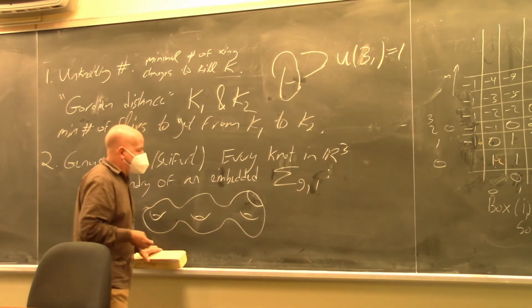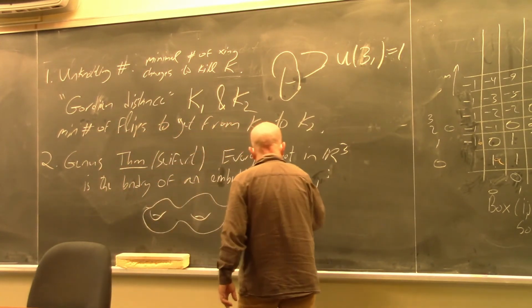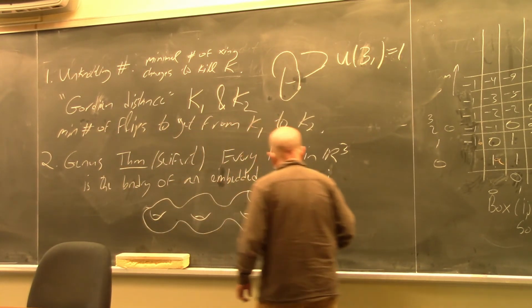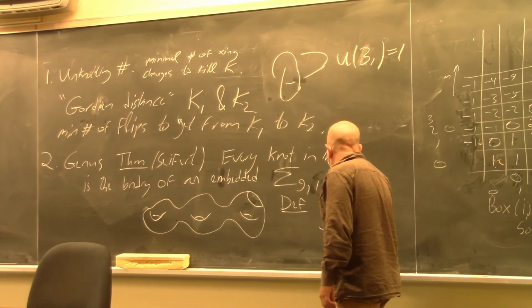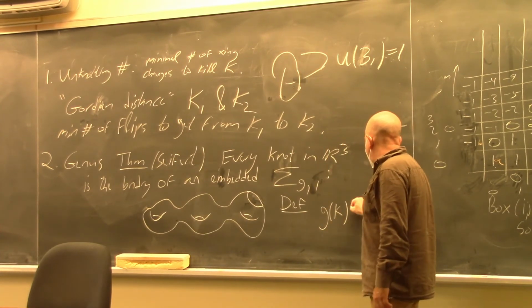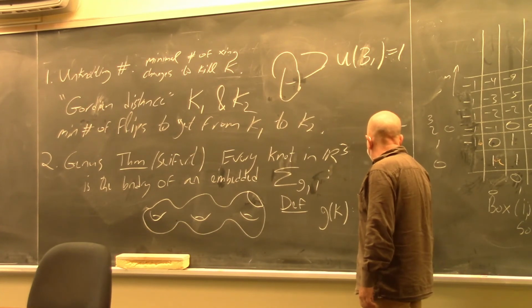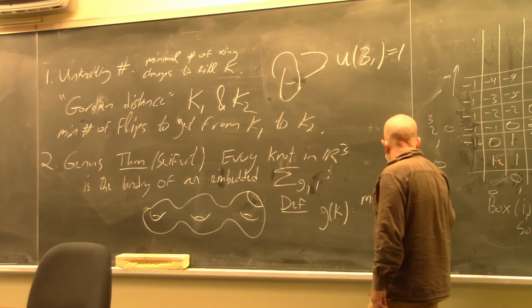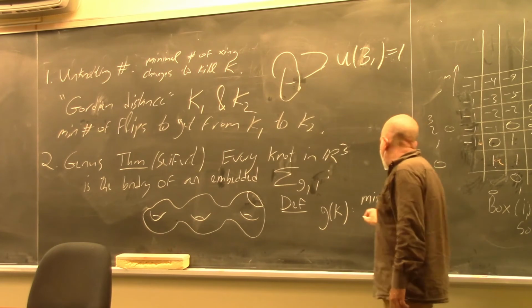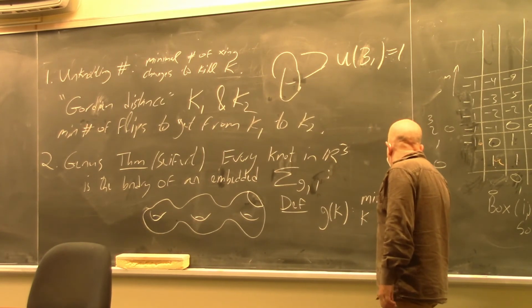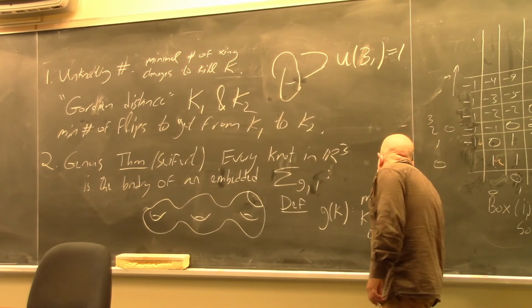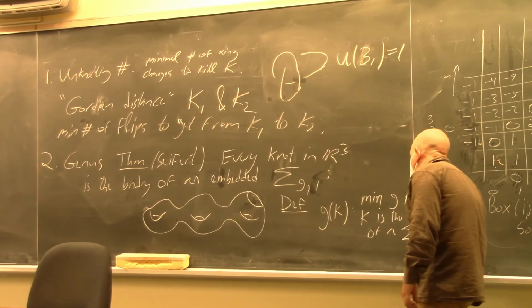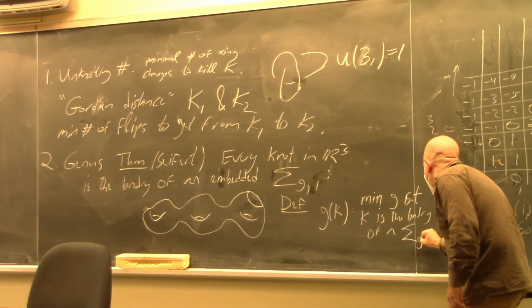So the genus of a knot, definition: the genus of a knot K is the minimum of g such that K is the boundary of an embedded Sigma_{g,1}.